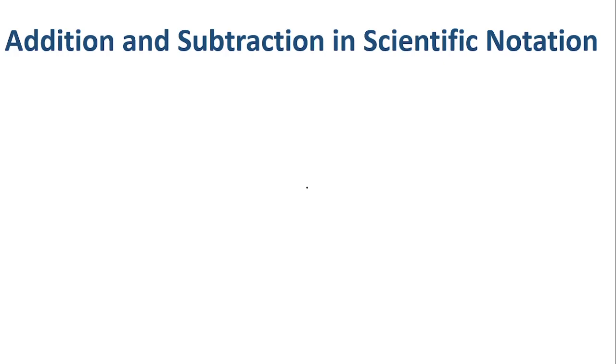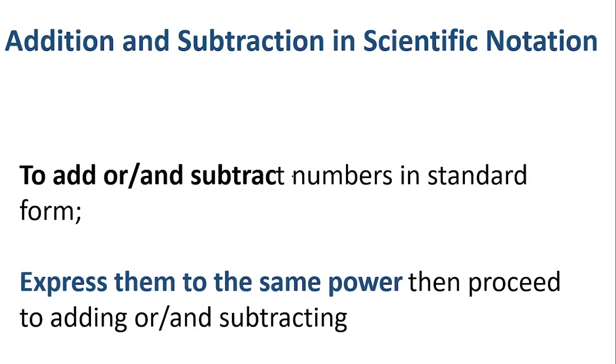They want you to act in an advanced way. How can you do that? Sometimes you find that an operation has both addition and subtraction, or you just have to add or just subtract. So this is what you do.